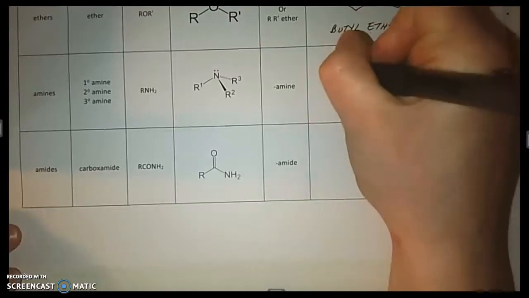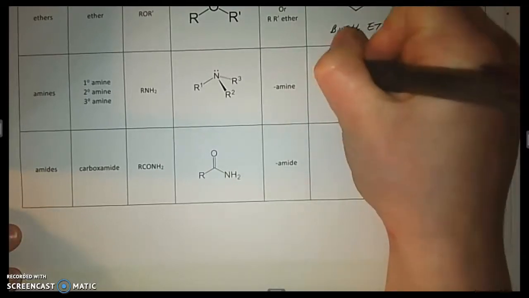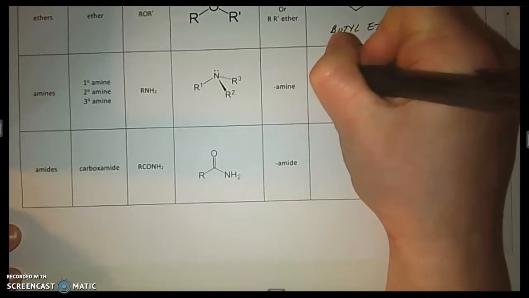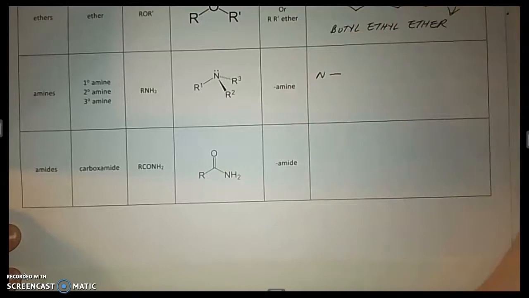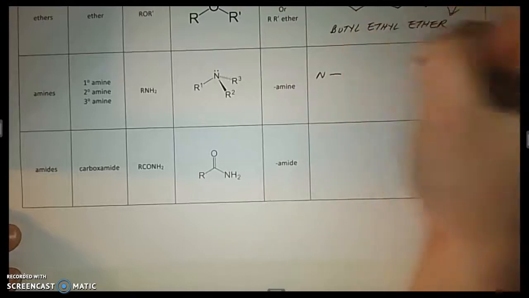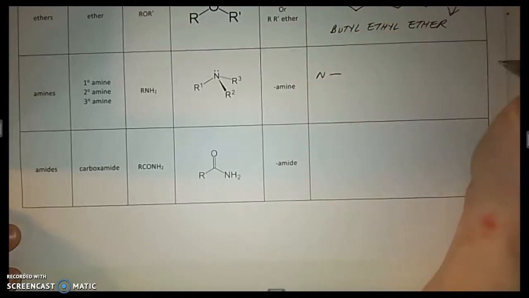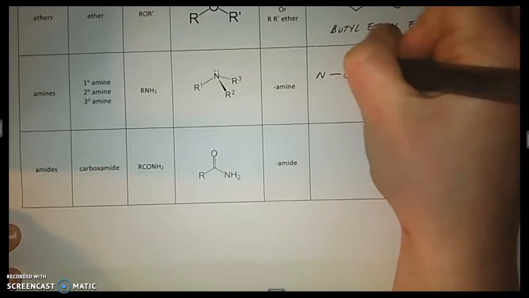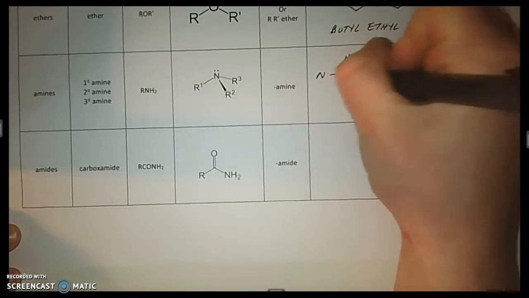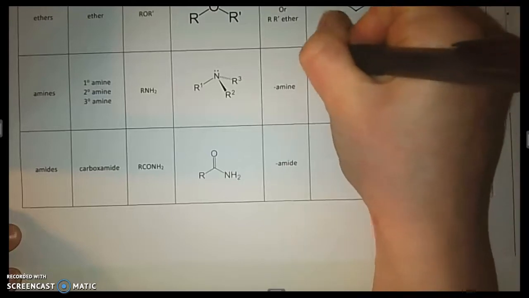So let's start with a very simple primary amine, the simplest one, which is a nitrogen bonded to a single carbon. Obviously all the bonding spots are going to be filled up with hydrogens. I'm actually going to draw this as a full structural formula just so you can see what that looks like.